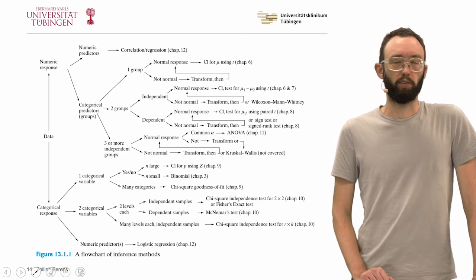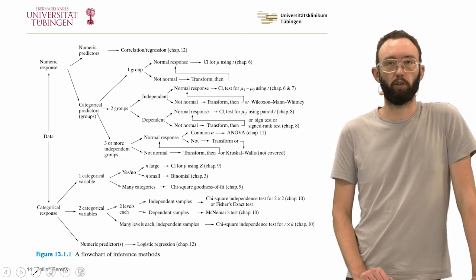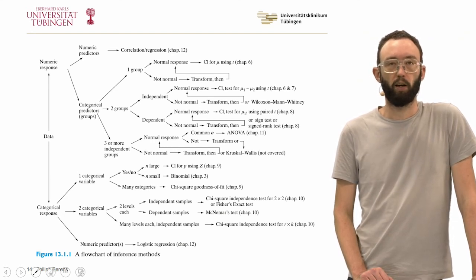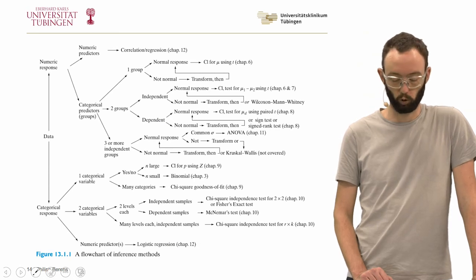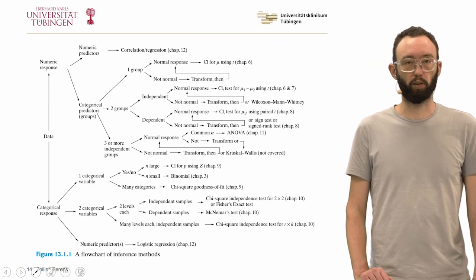Now, this scary slide puts everything together. This is a decision tree for which of the different tests that we covered in the lecture or that is covered in the book you should use to analyze your data in certain outcomes. Don't be scared by that. Most of that we actually did cover also in this course.